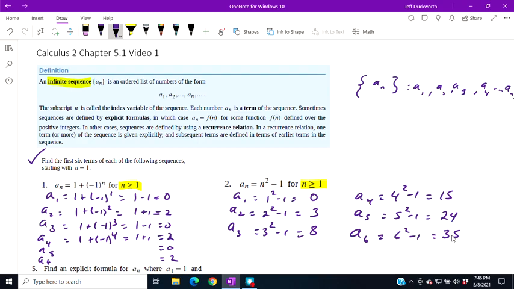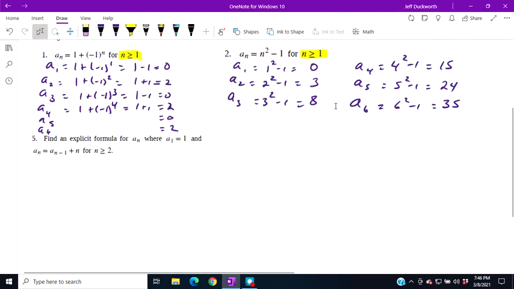Now, part of the reason we're going to want to do this is so we can see what sort of patterns form. And I've got a question here from your book. They want us to find an explicit formula for an, where a1 is 1, and then every subsequent an value is the previous one plus the given number n. So we're given a1 equals 1. So a2 is going to be equal to a(2-1) plus 2.